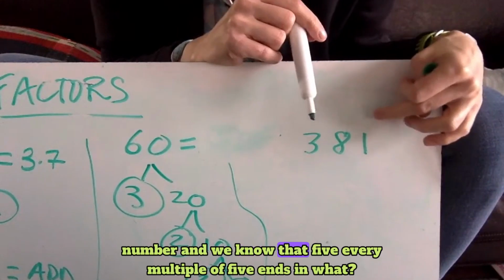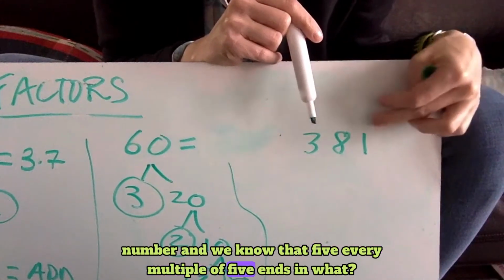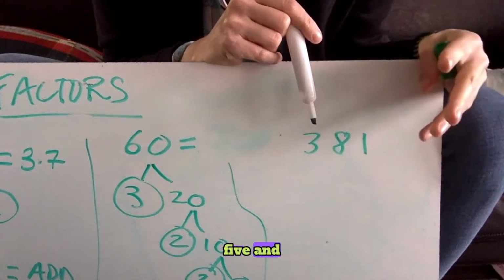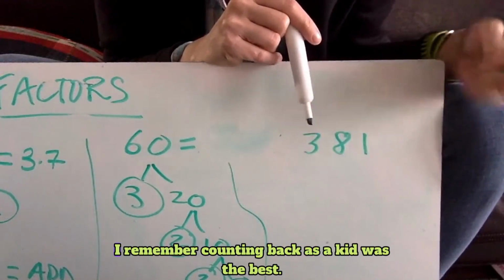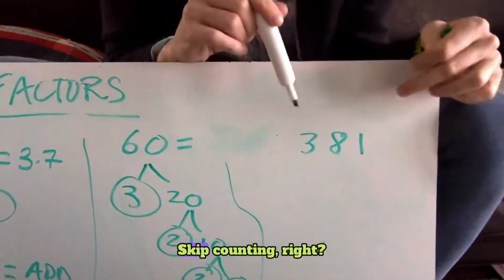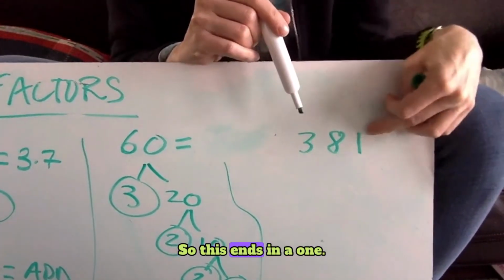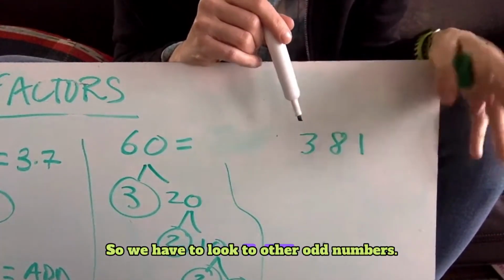And we know every multiple of 5 ends in 5 or 0: 5, 10, 15, 20, 25, 30. I remember counting by 5 as a kid. It was the best. Skip counting, right? So this ends in a 1, so we have to look to other odd numbers.